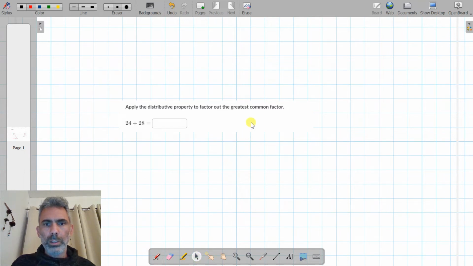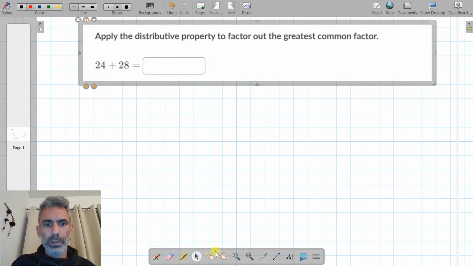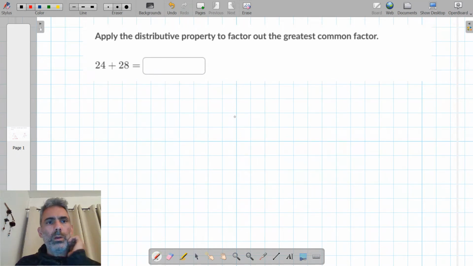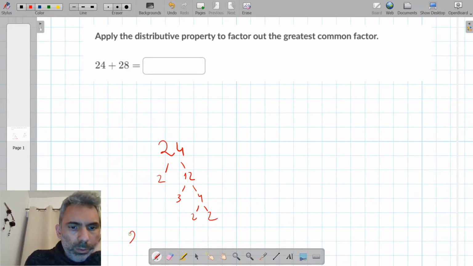Apply the distributive property to factor out the greatest common factor. Okay, so 24 can be broken into 2 and 12, 12 into 3 and 4, and 4 into 2 and 2. So 2 times 2 times 2 times 3 is 24.